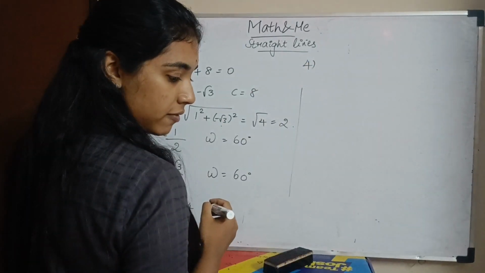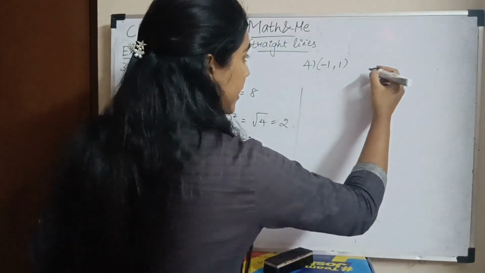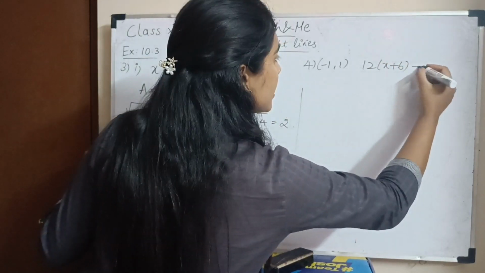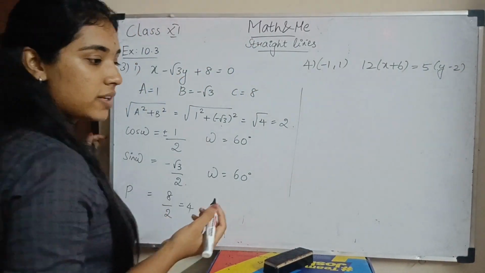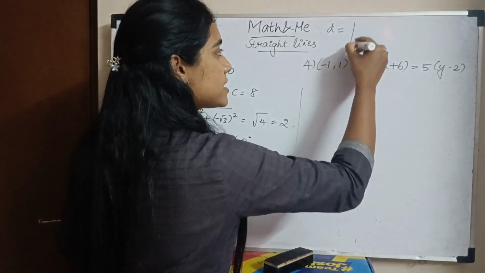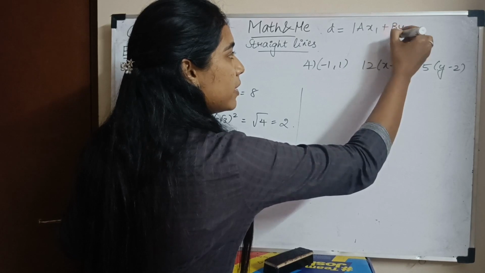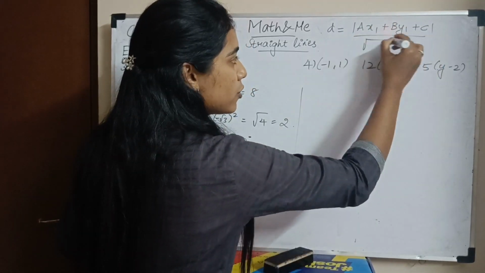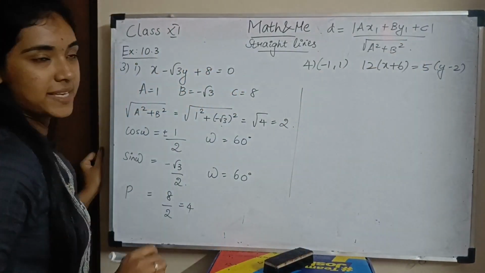Okay. Fourth question. Find the distance of the point minus 1 comma 1 from the line 12x plus 6 equals 5 times y minus 2. We have learnt the distance of a point from a line formula. What is it? D equals the modulus of ax1 plus by1 plus c divided by root of a square plus b square.